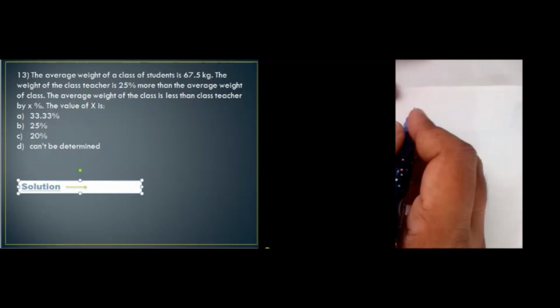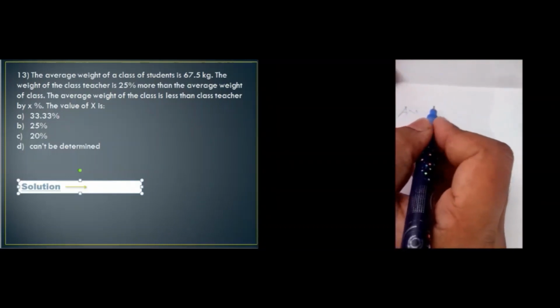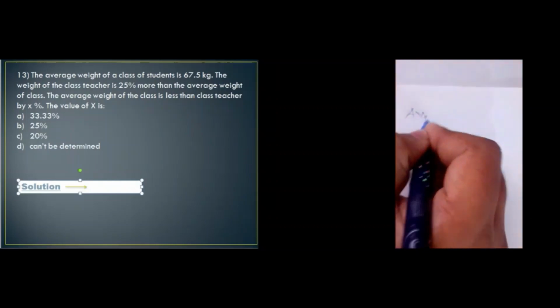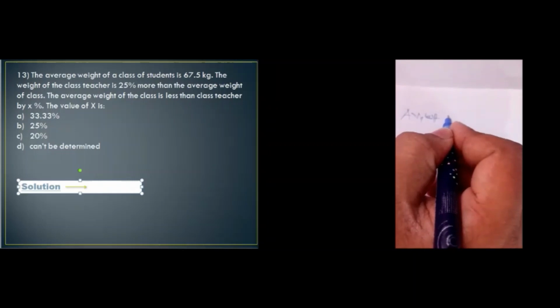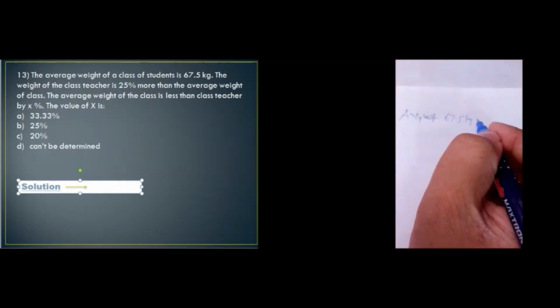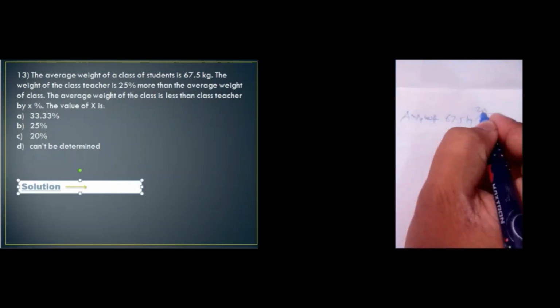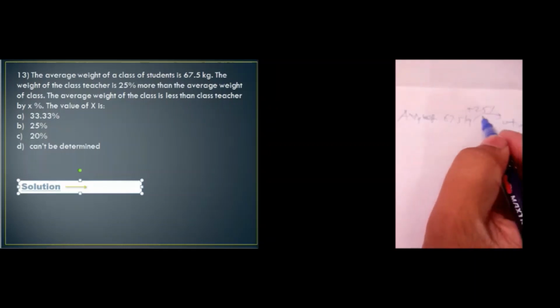So let's see the solution for this. The average weight of students is 67.5 kg, and the weight of the teacher is 25% more than the average weight of the class.